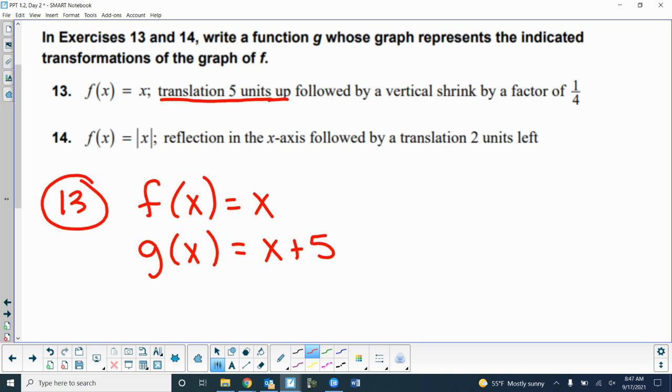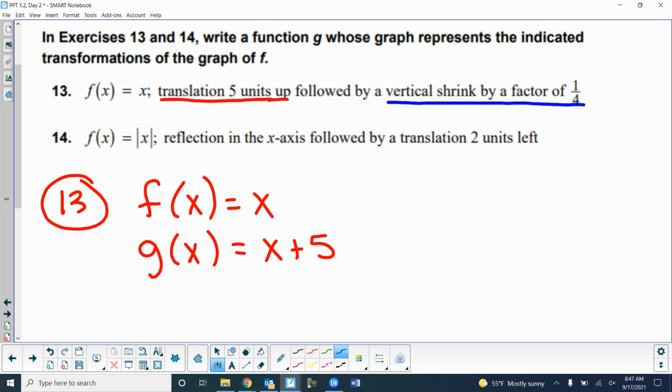All right, so now we're going to do a vertical shrink or compression. When it's vertical, is that inside or outside? Outside. Vertical is outside, horizontal is inside.